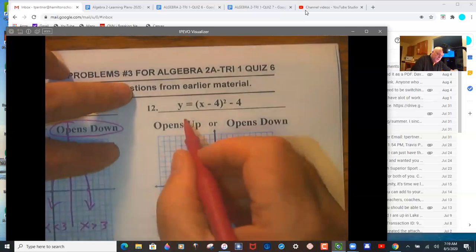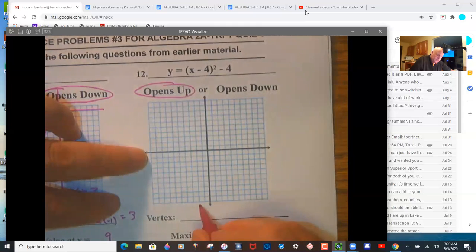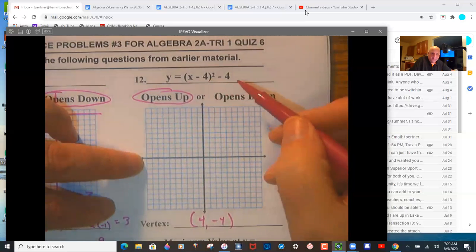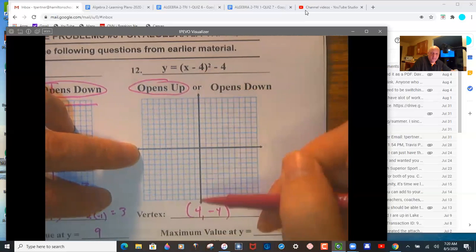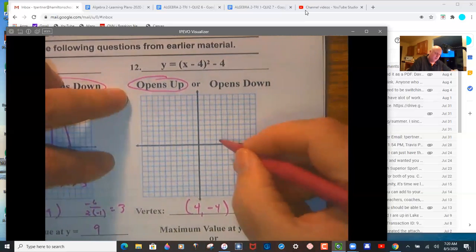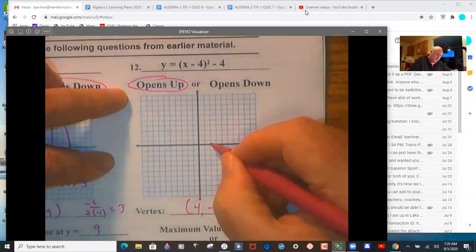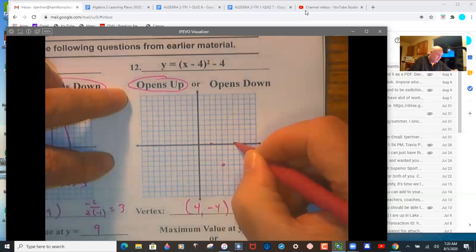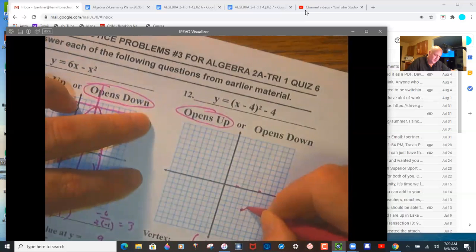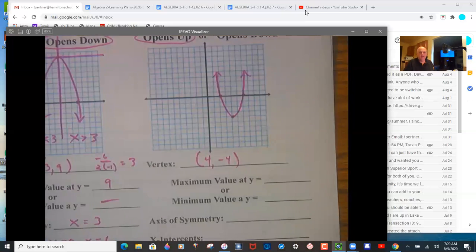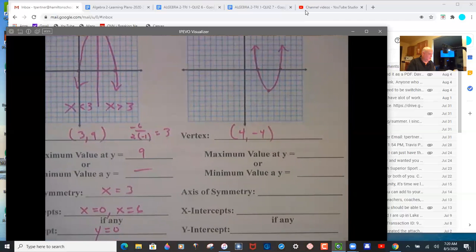On 12, this is going to open up, and your vertex is 4, negative 4. You can tell that right from the x minus h plus k form. Remember that the x appears opposite. So 4, negative 4. And then also you can get that 2 and 6 are the x-intercepts on this. So here I made it nice for you. It's not always going to be, and that's when you have to use your zero finder, which I'll probably show you later, that you can also use when you're looking at the graph.